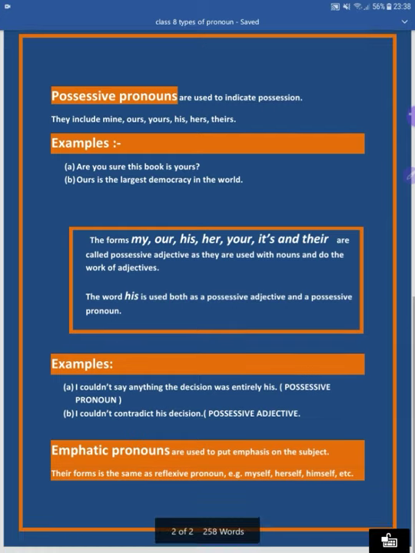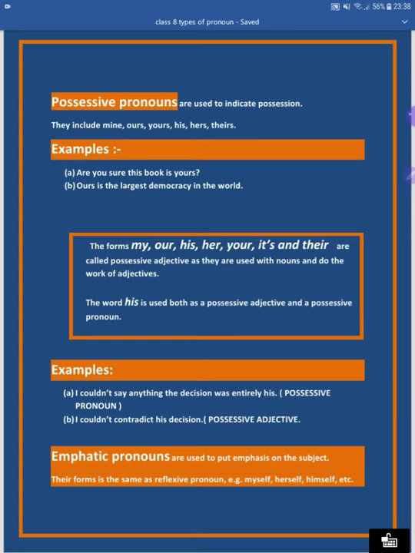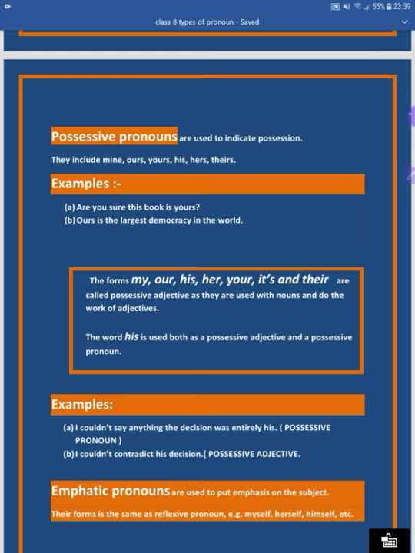Okay, let me help you understand. In 'I could not say anything, the decision was entirely his,' here his is helping whom? His is standing in for the subject's possession. So the word which replaces a noun is called a pronoun, and since it shows possession, it is a possessive pronoun.